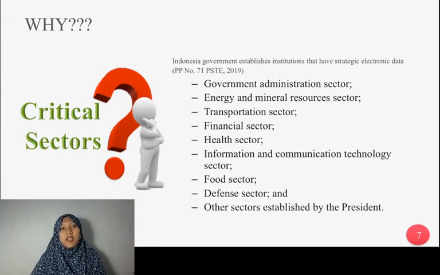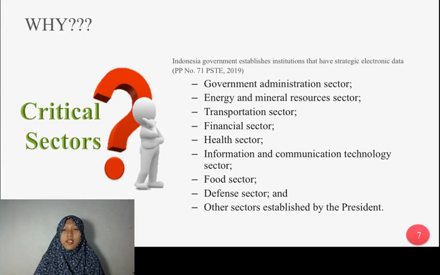And the second question is, why do we use critical sector as a parameter? Because critical sector is an important part of our country. And also the Indonesian government establishes institutions that have strategic electronic data.